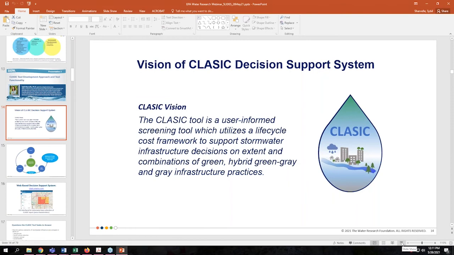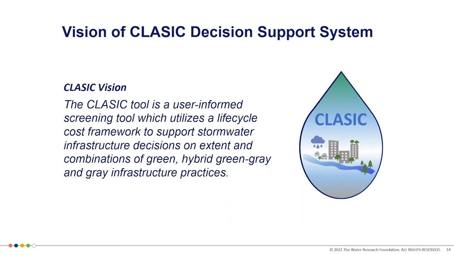Okay, so we got a brief introduction of the CLASIC tool from Harry Zhang, and I'll continue that and get a little bit more in depth on how the tool works and the intent of it. This is our vision for the CLASIC tool, which is really intended as a high-level screening tool that supports stormwater infrastructure decisions on extent and combinations of green, hybrid green-gray and gray infrastructure practices.